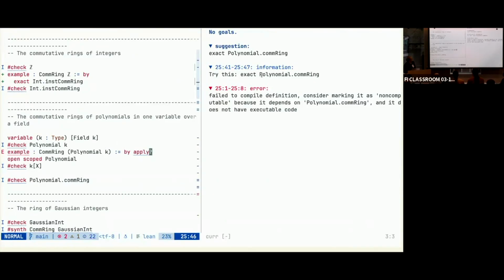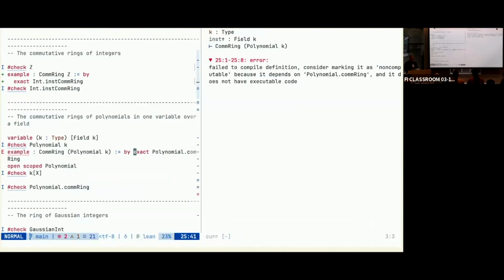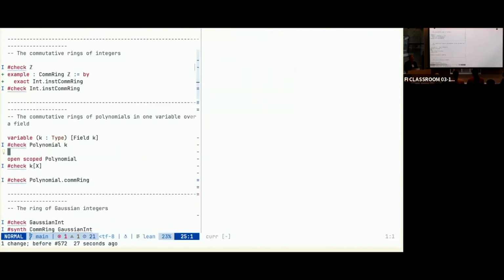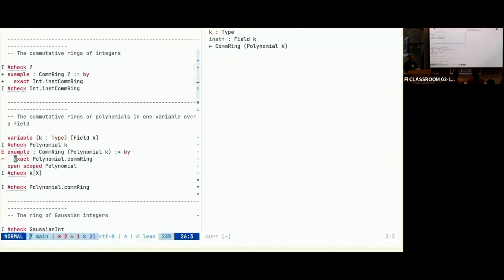Exact. Where does it say that it is? Because it suggests that I try this. And so there is this by exact, but by exact is the same as, oops, sorry. I could say just it's this.